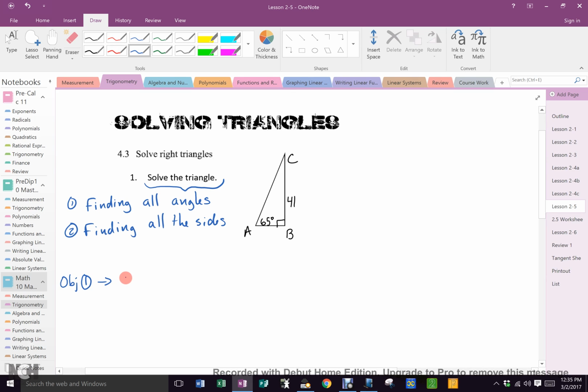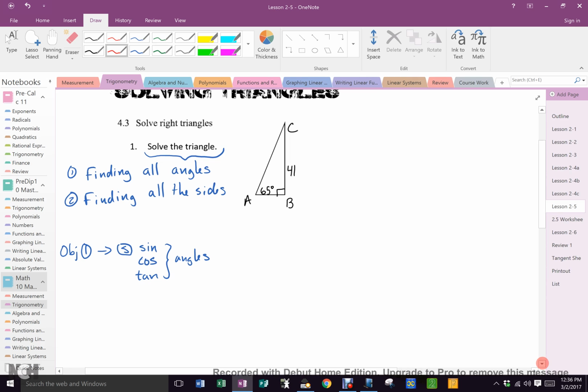Right. So you can do shift sine, shift cos, or shift tan. That will find you angles. So you know to solve a triangle, you might very well have to do a shift tan, shift cos, or shift sine. Right?